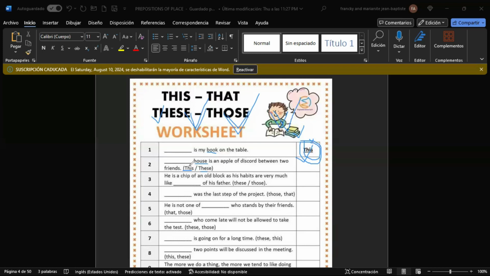We will choose this because house is without S at the end. House is not plural, house is singular. They're talking about the house. In this case, I will put this because the house they're talking about is not in plural.